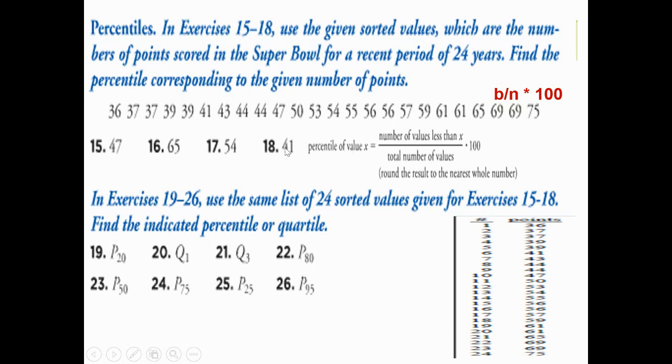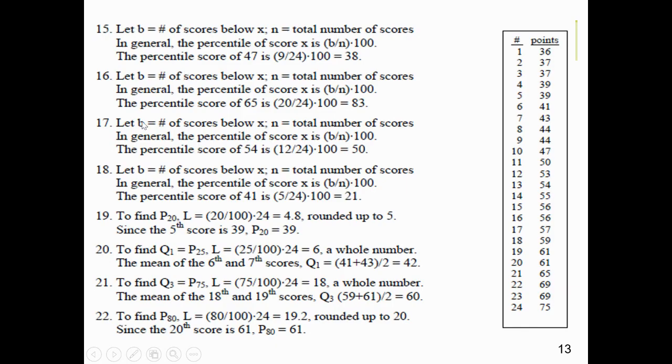You want to change those values to percentiles, and there they are, done out. This b over n, b stands for the number of values less than your target value. For the number 54, there were 12 numbers less than 54, divided by the total n, 24 numbers. Multiply that by 100. 54 is in the 50th percentile. Make sure you try these out because the answers are right here.